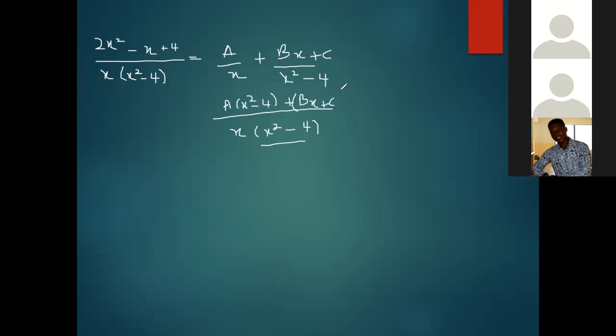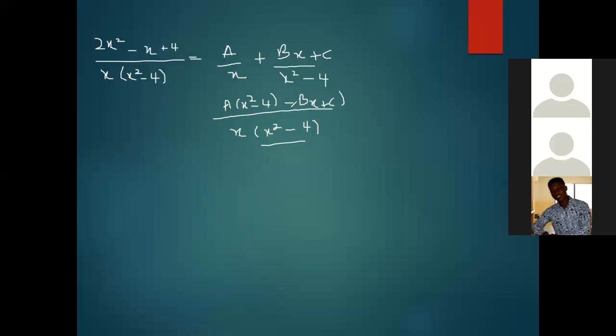So in this case, put it in brackets for the quadratic. Just put it in brackets. Okay. Then the denominator here, which is x squared minus 4, goes into this x times. So we bring the x by it. Okay, good.